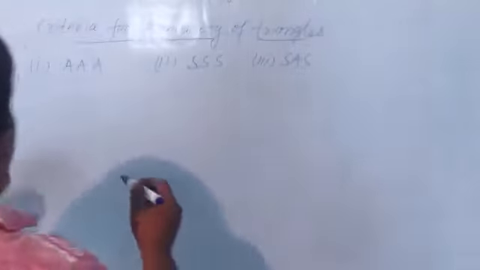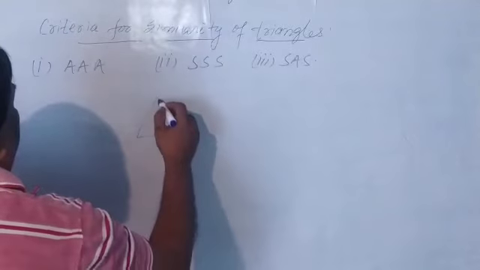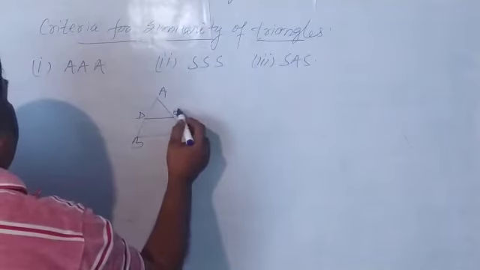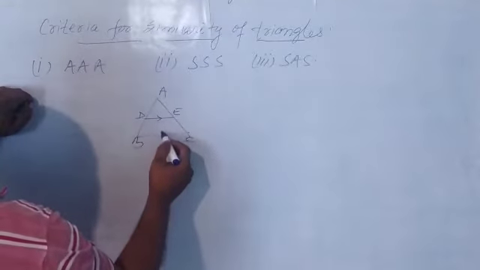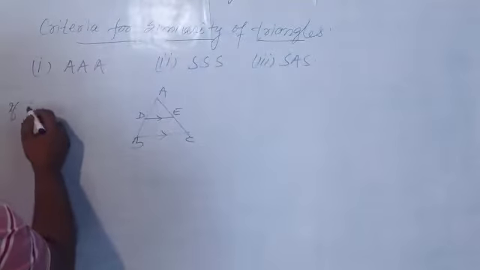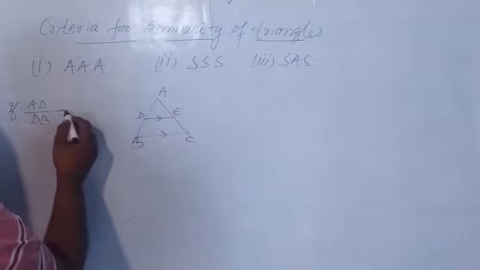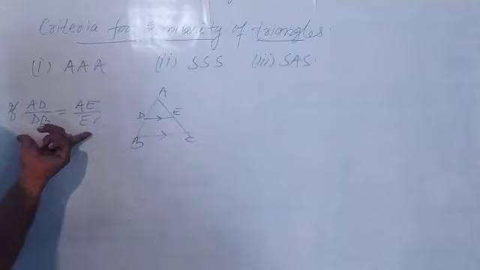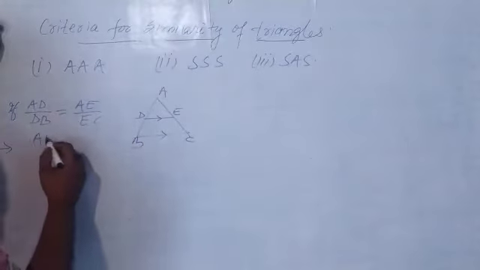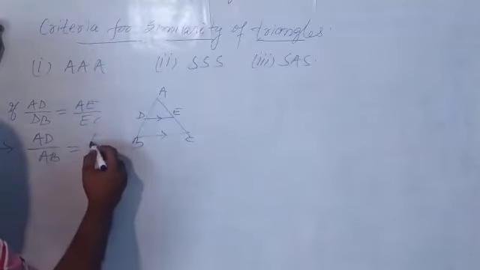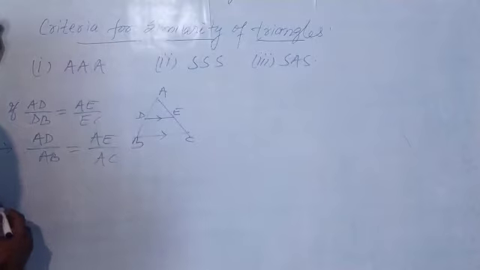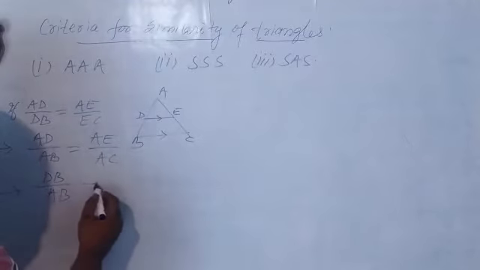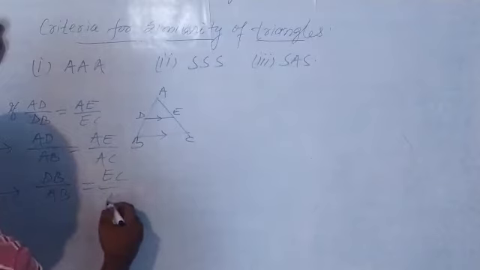First, as you know, if in triangle ABC a line intersects two sides at D and E such that DE is parallel to BC, then AD by DB is equal to AE by EC, right? Sometimes this ratio is also given as AD by AB equal to AE by AC, or DB by AB also equal to EC by AC.